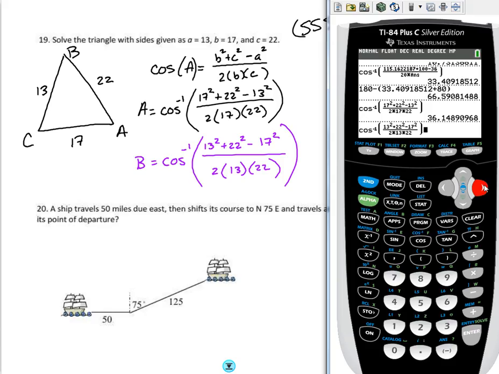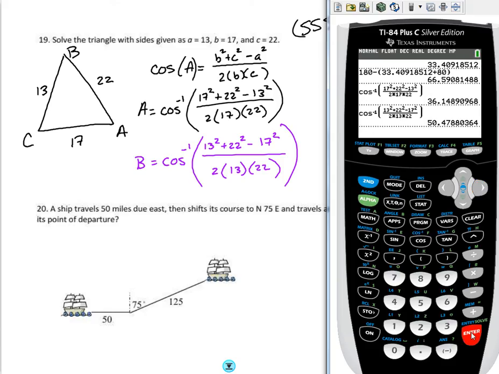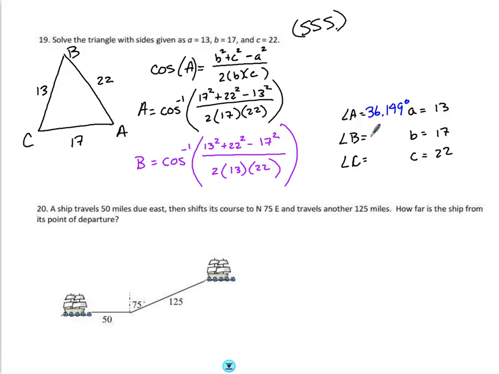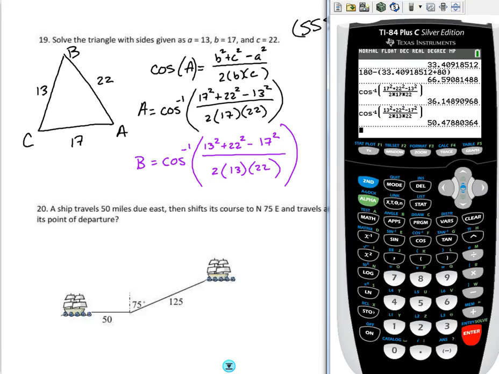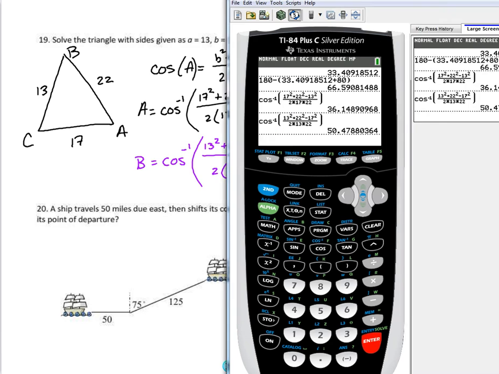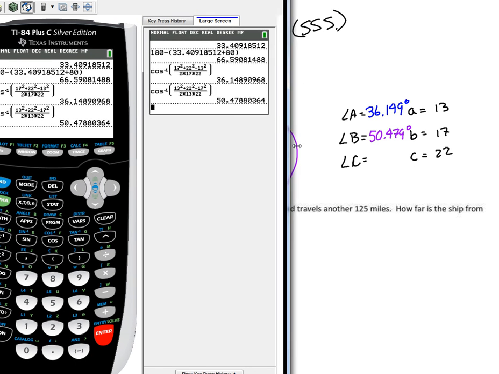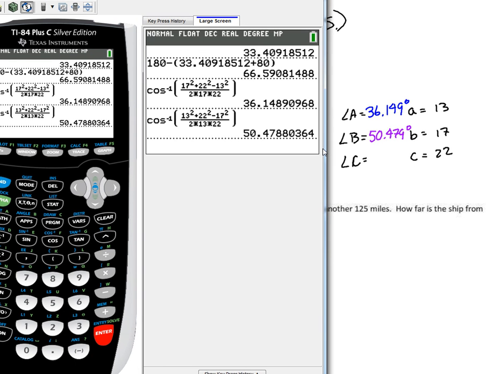50.479. Once I have two angles, how do I find the third? Add them, take away from 180. So, I have big long decimals on my calculator, so I'm going to use that to my advantage. So I'm going to take 180 minus the sum of the two other angles, which are right here in my calculator.